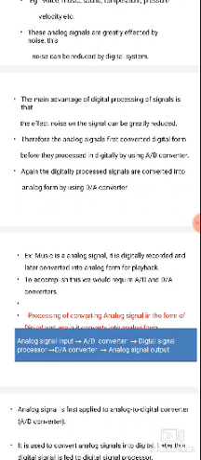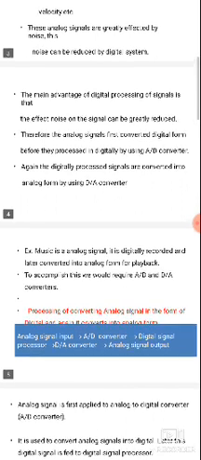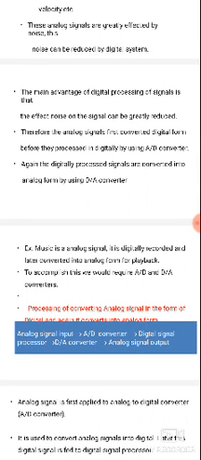So the need for analog to digital conversion is mainly for reducing noise. So first the analog signals are converted into digital form before they are processed digitally. By using an A to D converter we can convert.